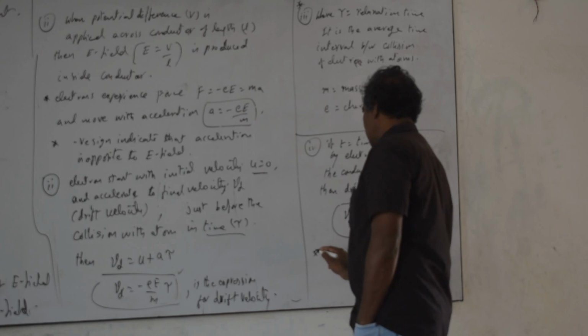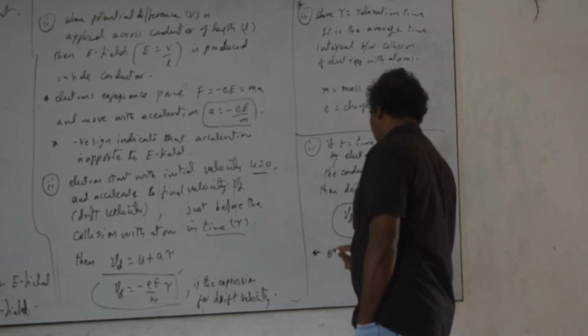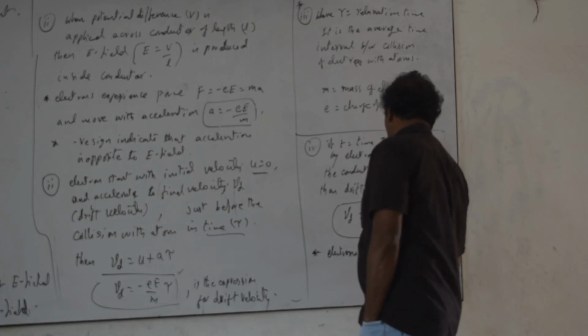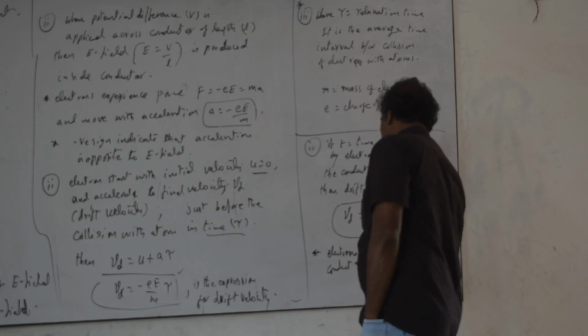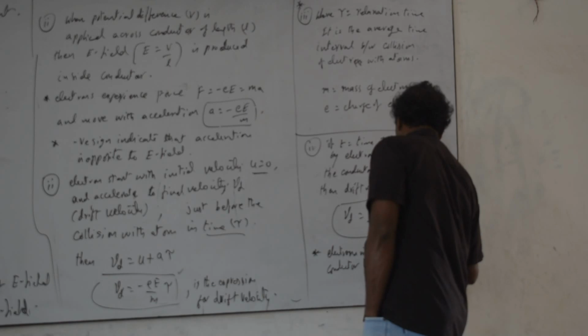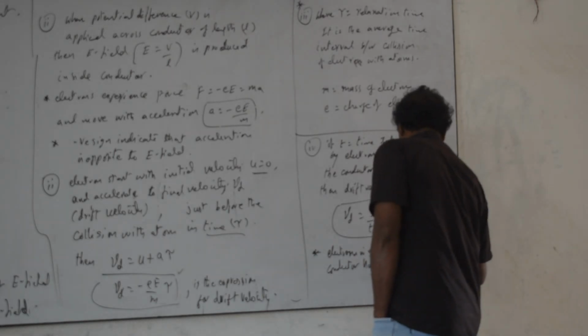Next, an electron inside the conductor has a zigzag path. This random path is also called a zigzag path.